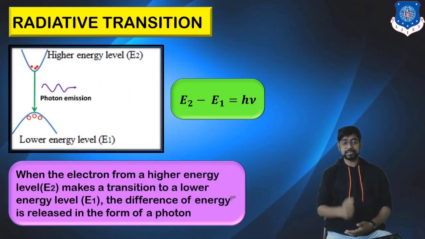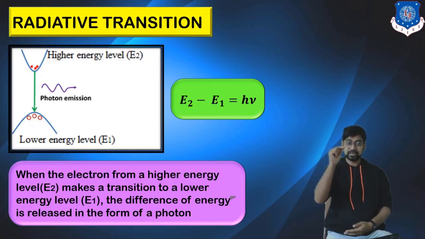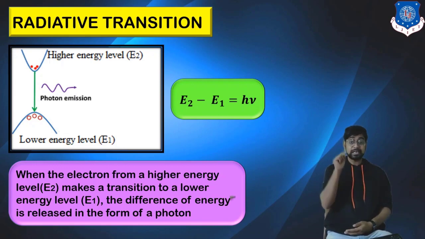What is a radiative transition? With the help of the E-k diagram, we have already seen that the tip of the conduction band is stated as a higher energy level E2, and the tip of the valence band is denoted as a lower energy level E1.